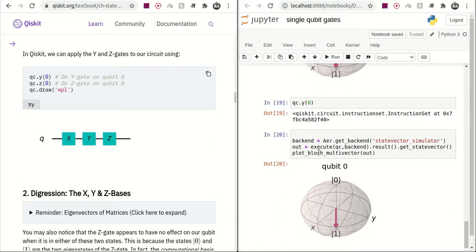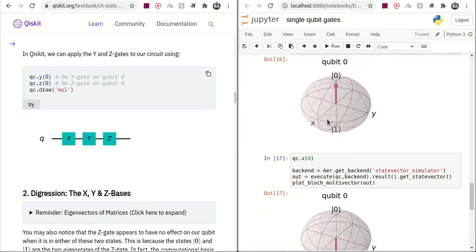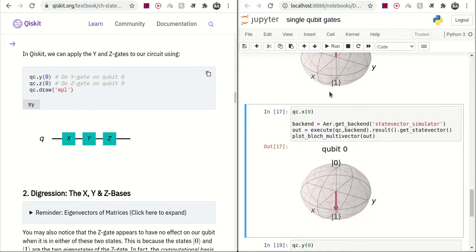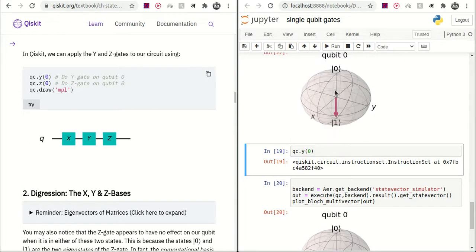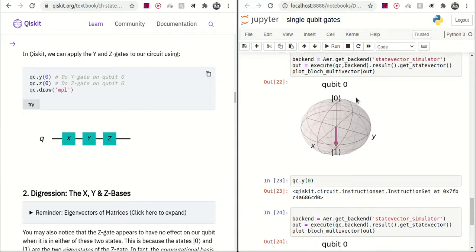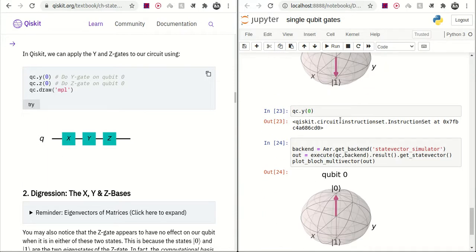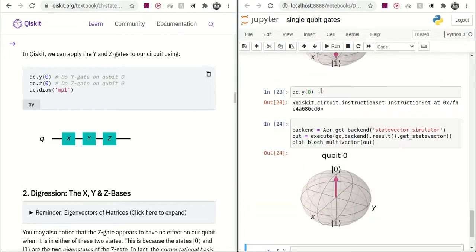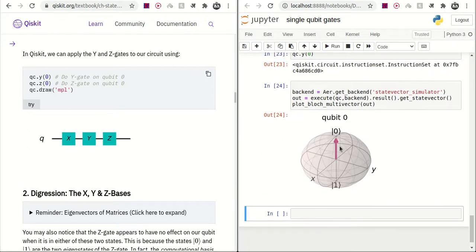We are here. So we see y 0 came back from this to here. So if we put 0 now, it will come back to the original place.